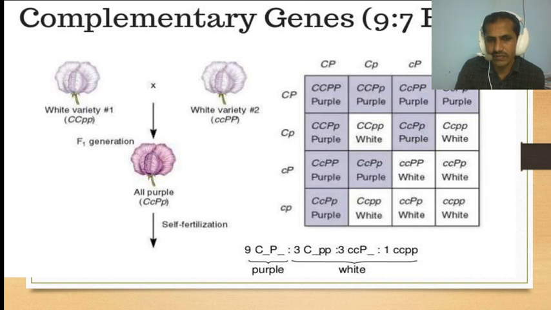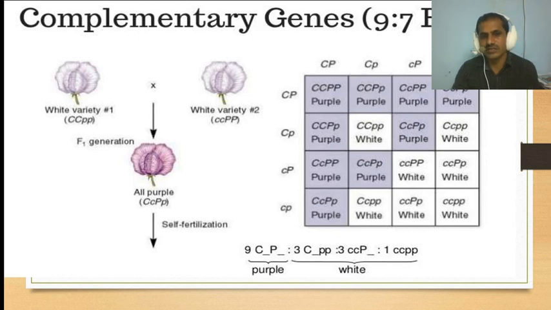When you intercross the F1, capital C, small c, capital P, small p, similarly capital C, small c, capital P, small p, and self-fertilize, we get 4 gametes: capital C capital P, capital C small p, small c capital P, small c small p.